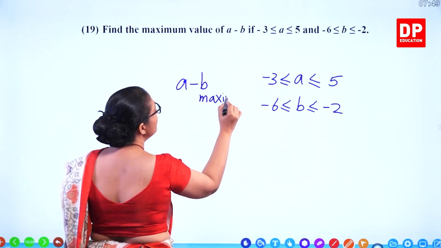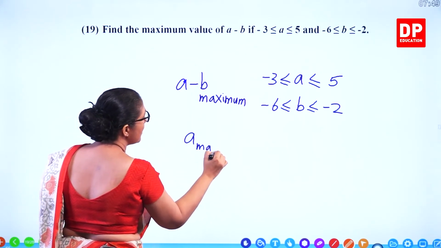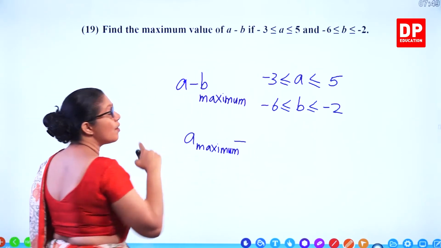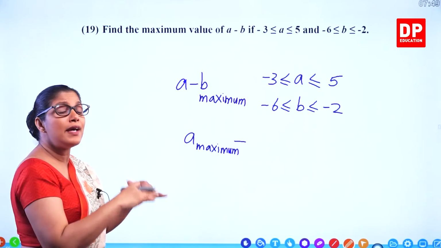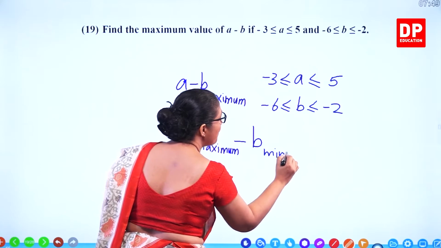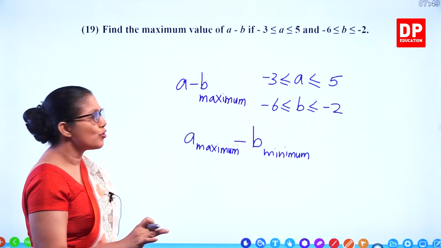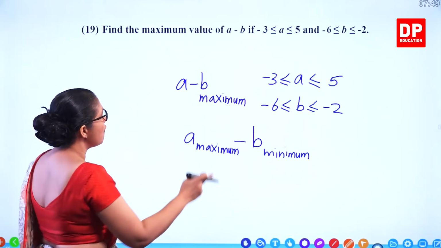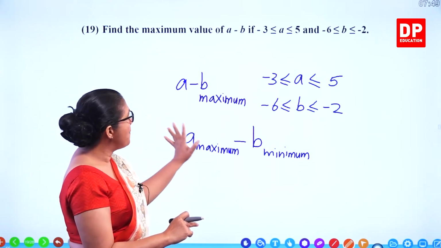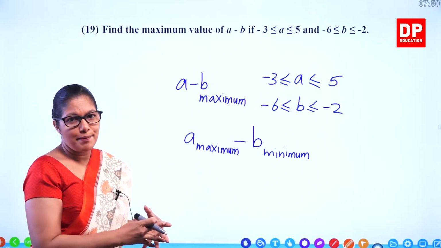Maximum is equal to the maximum of A, and we have to subtract the minimum of B to get the A minus B maximum. So B should be minimum. If it's A plus B, both should be maximum to get the A plus B maximum. If B minus A is there, to get the maximum, we have to take B maximum and A minimum to get the B minus A maximum.